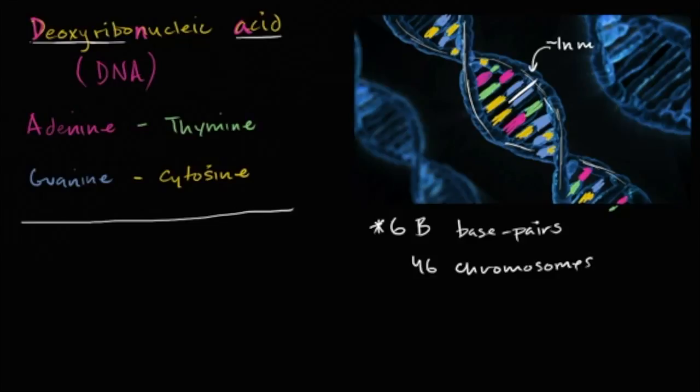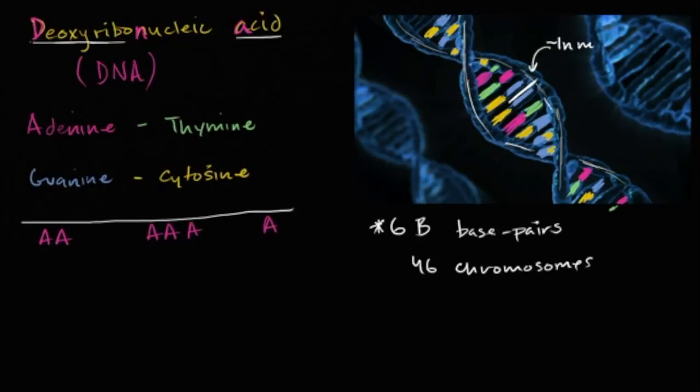Let's take an example. I'll just use the first letter to abbreviate each of these bases. Let's say this is the sugar phosphate backbone right over here. So this could be one of the sides. And let's say there's some adenine. Actually, let me do them in the right color. So you've got some adenine right over here, maybe an adenine there.